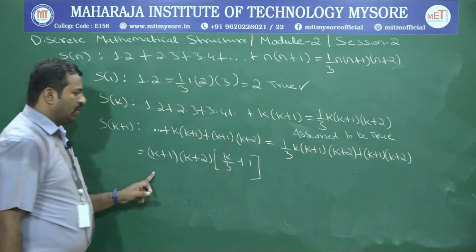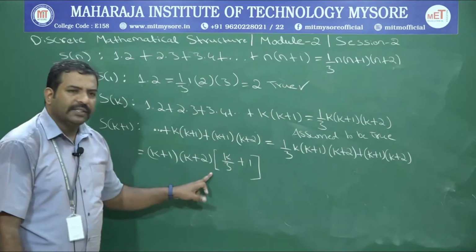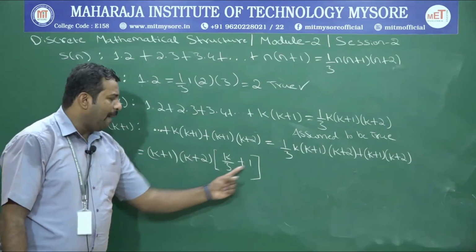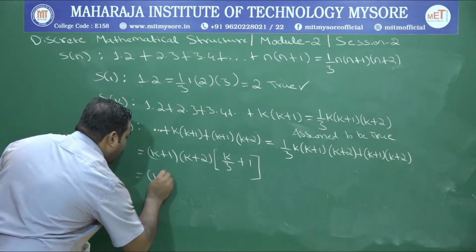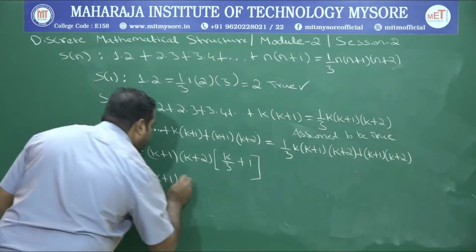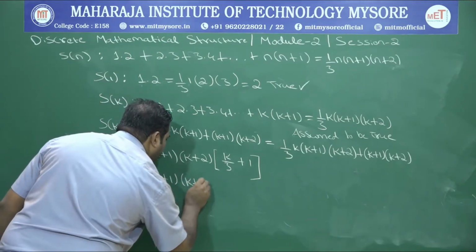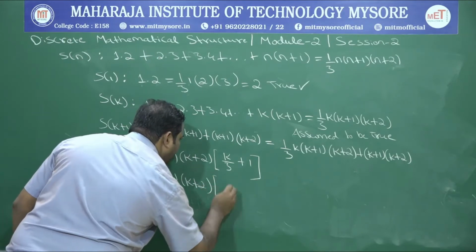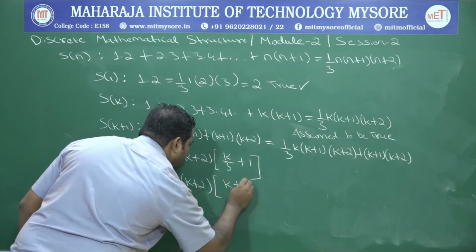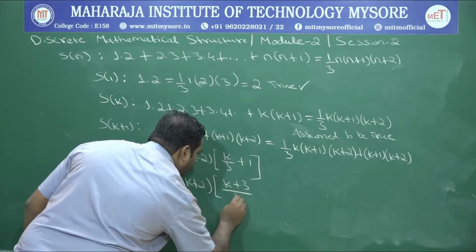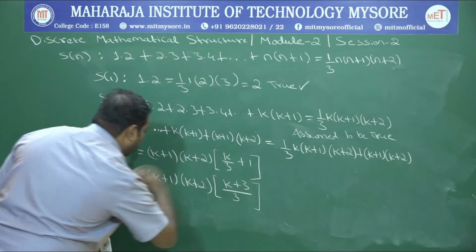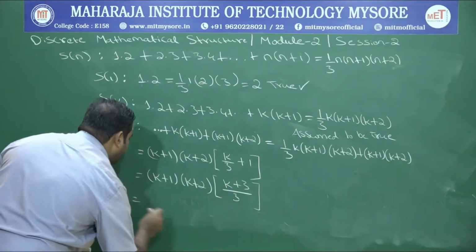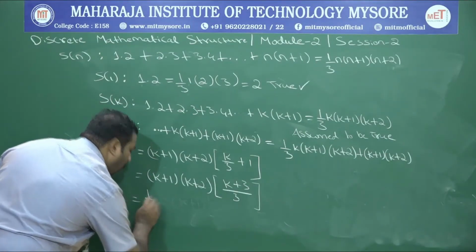Fine. So just check it out for this common factor. So having this, my next step is I am going to make a cross multiplication over here, and I am going to say k plus 1 and k plus 2 is multiplied with k plus 3 whole divided by 3. Fine.